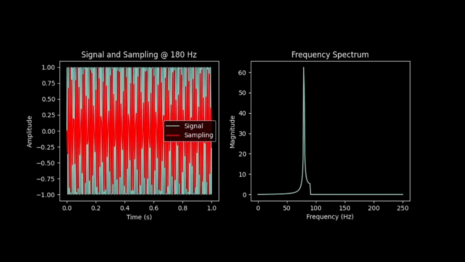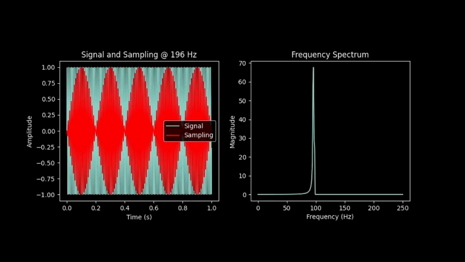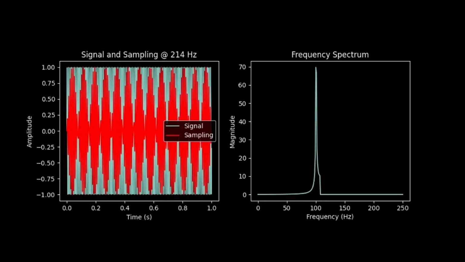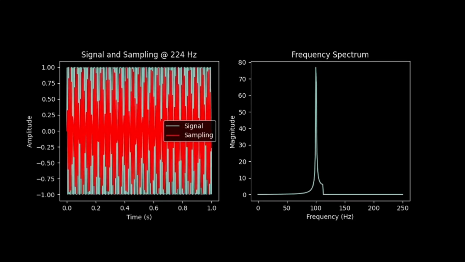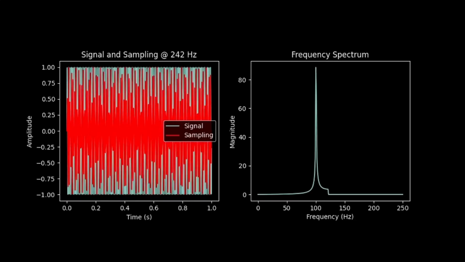And as it continues, you can see it's getting much closer and much closer. And now that we're above 200 hertz, you can see we are measuring that 100 hertz frequency, and it's actually completely stopped dead in its track. Our spike is no longer moving.